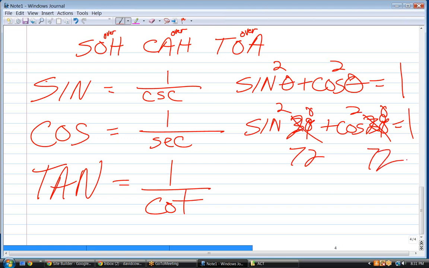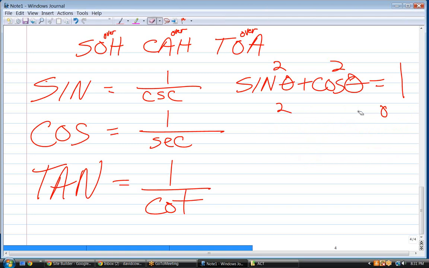No matter what angle I have, if I take the sine of that angle and square it, and add it to the cosine of that angle and square it, I'm going to get 1.